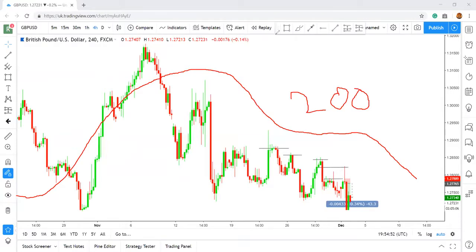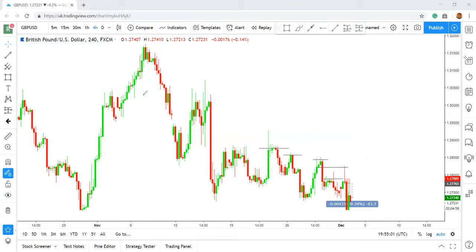But does anybody know why we use the 200 EMA? Nope. Okay. Support and resistance. Almost. Is it just the general direction of the market you would use that for? Very good. Yeah. So the 200 EMA usually represents the direction where the market is moving.